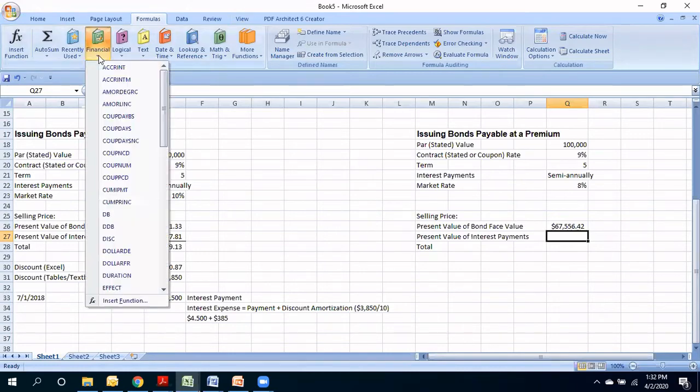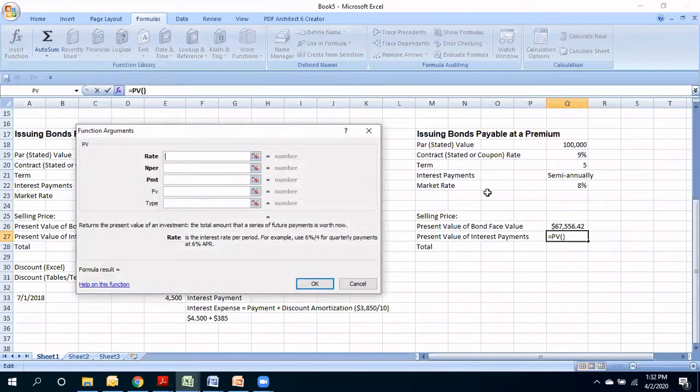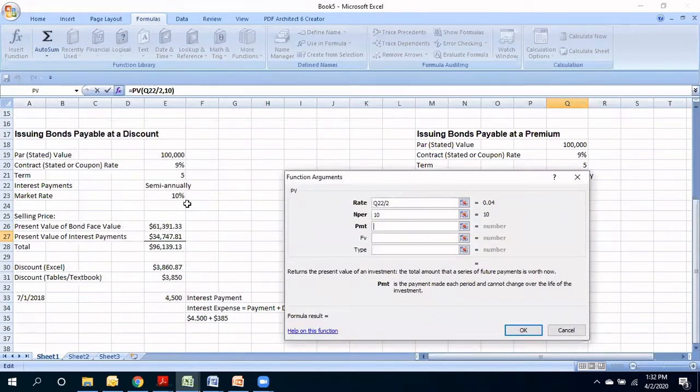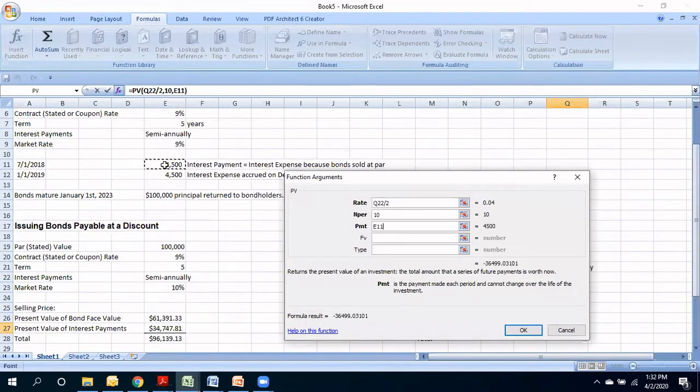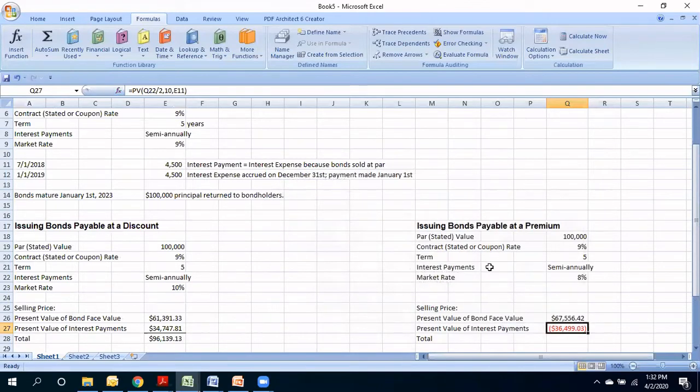Once again, go back to my formulas. My market rate is still 8%, still 10 periods, and the payment that I'm making is the 4,500.